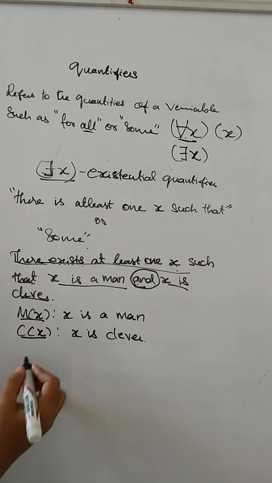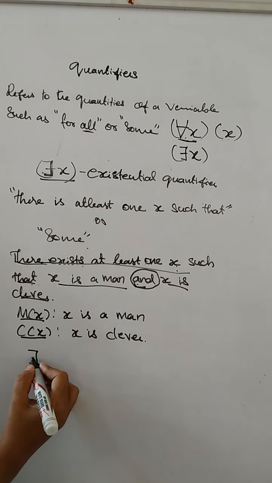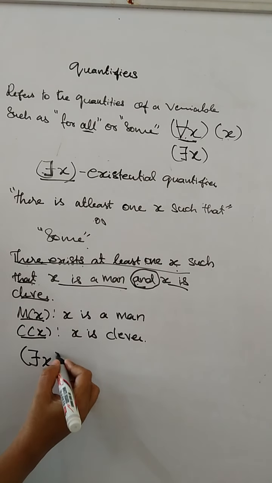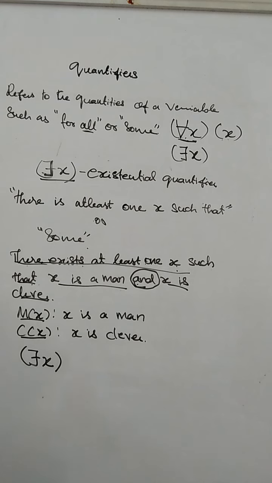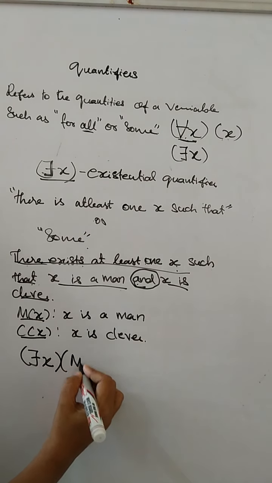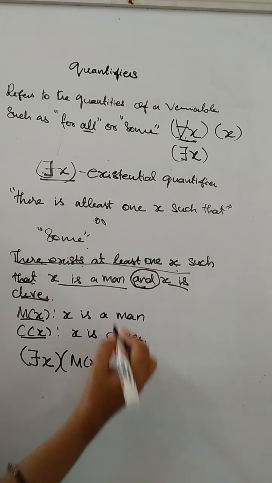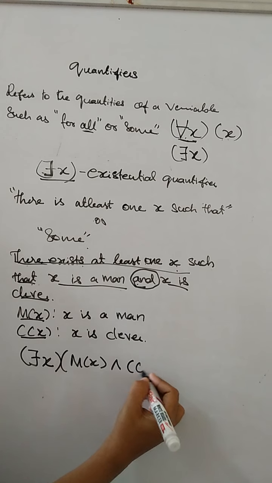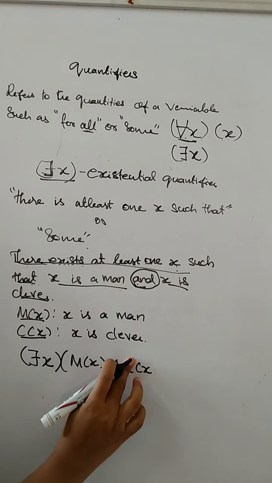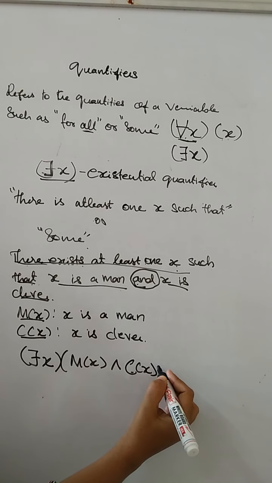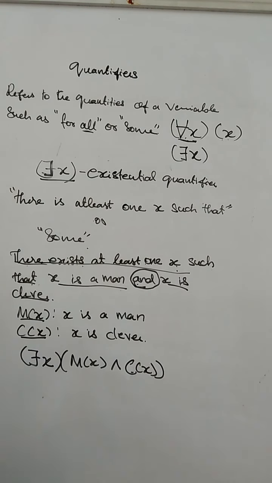So here I can rewrite this statement as there exists at least one x such that, with the existential quantifier, and I can write it here as m of x and c of x, and you can close this one.